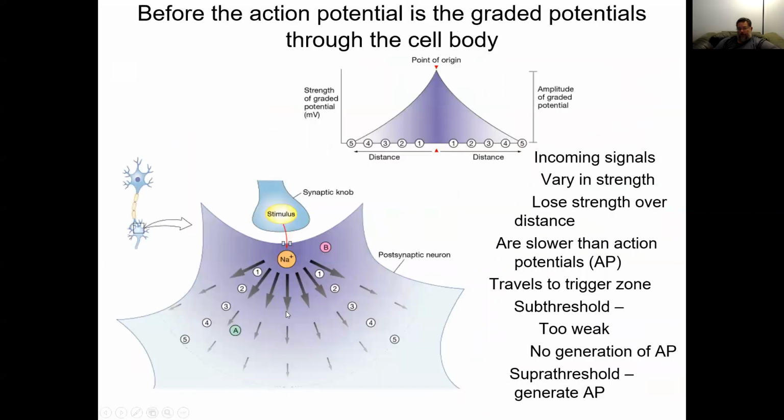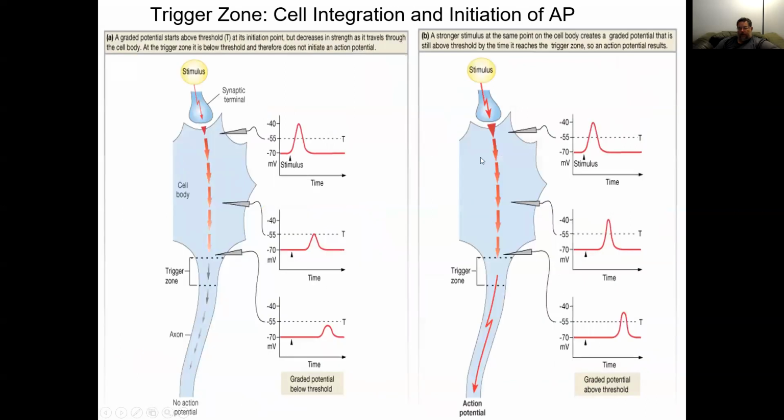So again, looking at the sodium traveling through, if the sodium concentrations are high, you're going to have lots of action potentials traveling down the neuron. If the graded potentials are weak, you'll have fewer action potentials at the trigger zone, or you'll have none. So that's how the cell, in a sense, integrates that information.